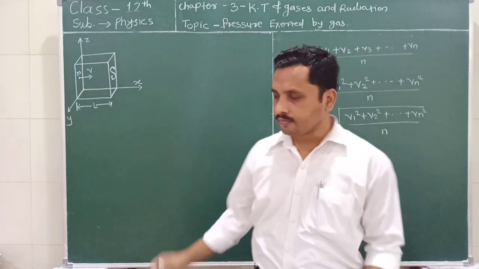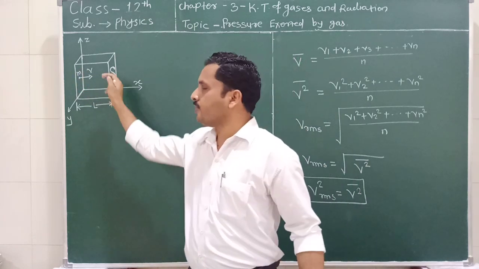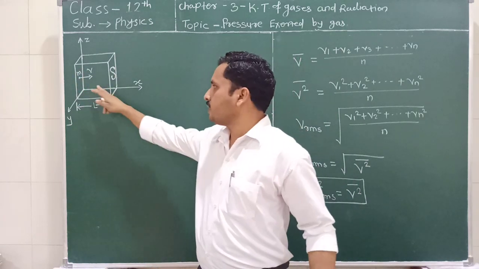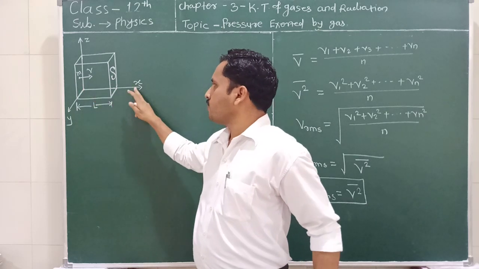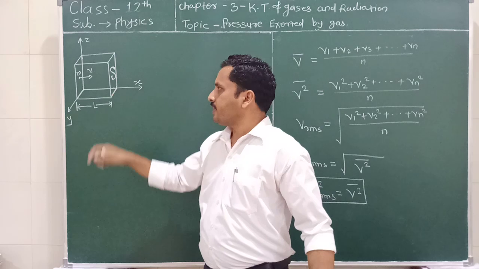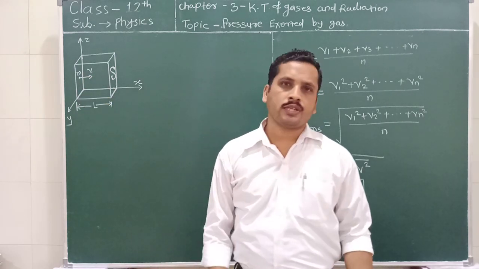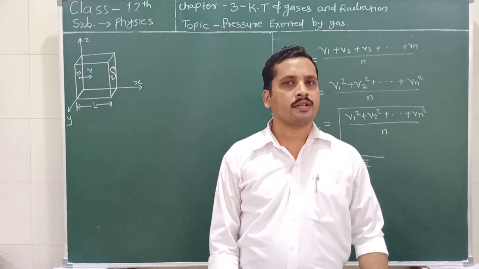So here we consider a molecule of mass m. It is moving with a velocity v in the positive direction of the x-axis. Now here we consider that the number of molecules along the x, y, and z axes are the same.